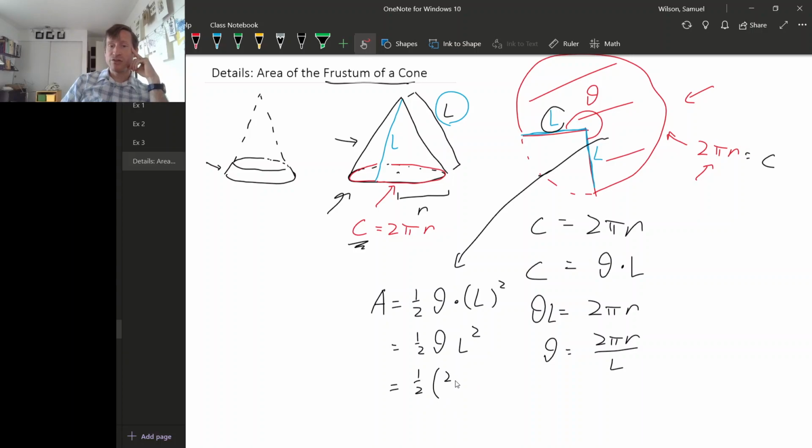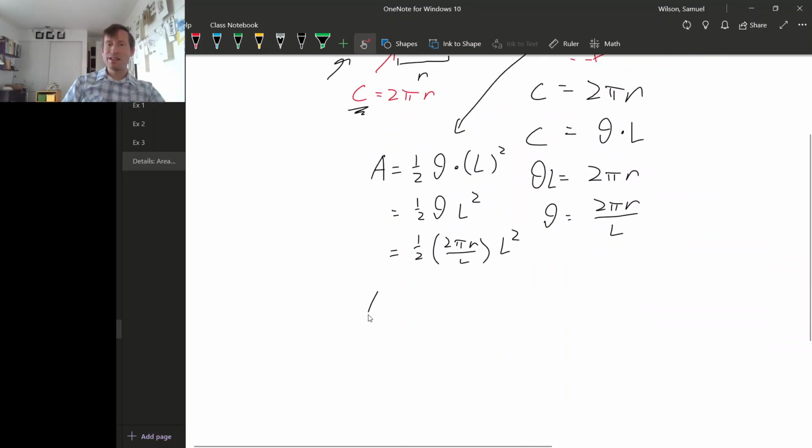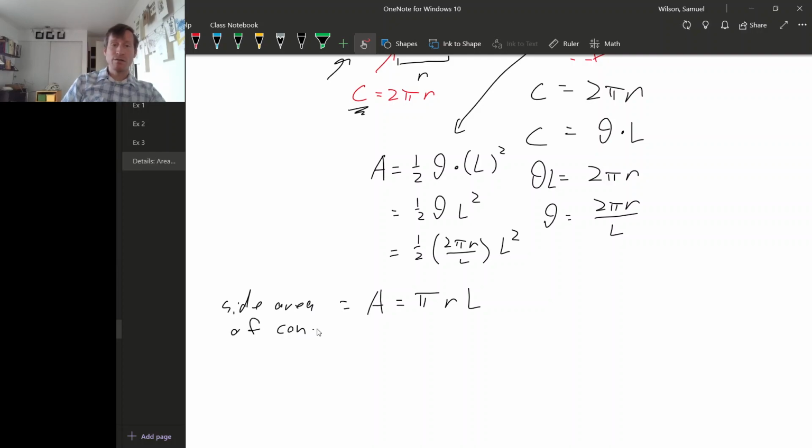So theta is 2 pi r over L times L squared. And then when we simplify this whole mess, we get the area is, right, the 2's cancel, one of the L's cancel, we get pi times little r times capital L. So this is the side area of a cone. Okay.